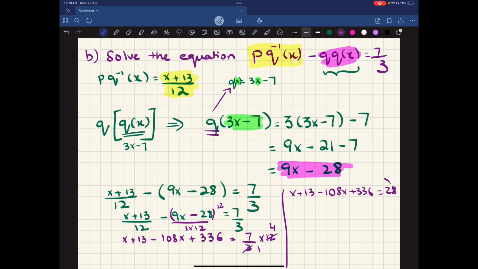Let's take 28 to this side. And what do we have? x plus 13 minus 108x plus 336 minus 28 is equal to 0.